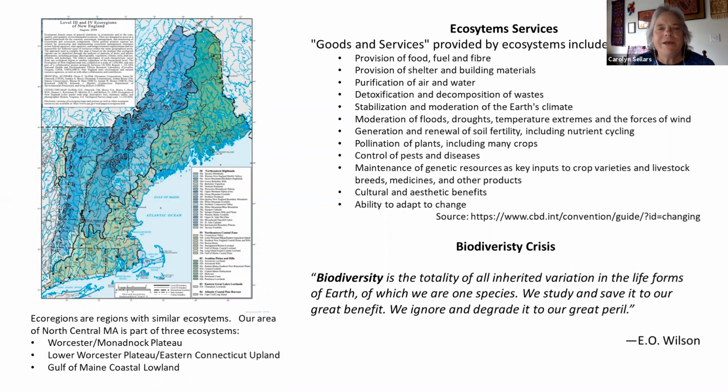It matters because all the living things on Earth, all the ecosystems, provide what they call ecosystem services. Some provide food, some provide protection from flooding. Everything is inextricably intertwined.